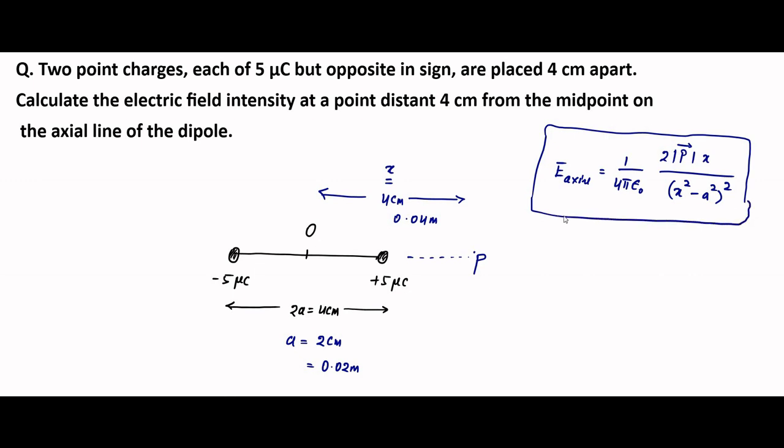So here we will be substituting the values. 1 by 4 pi epsilon 0 is equal to 9 into 10 to the power 9.